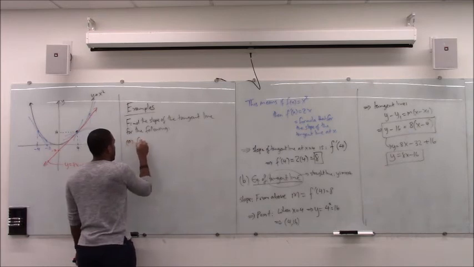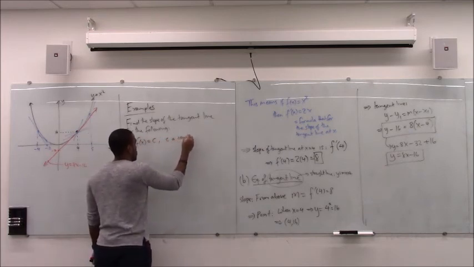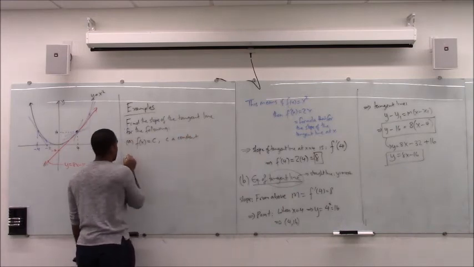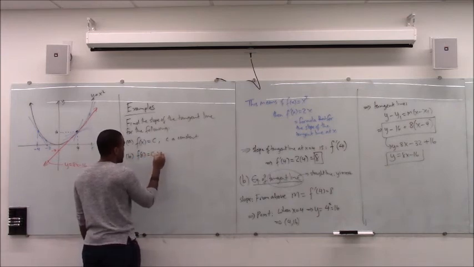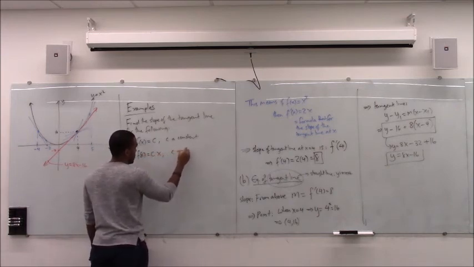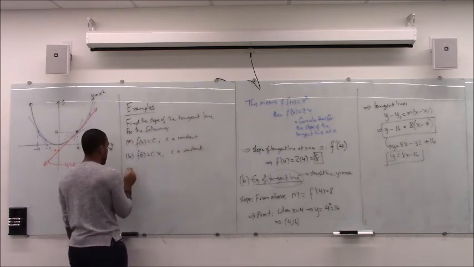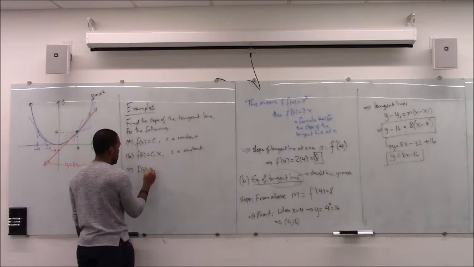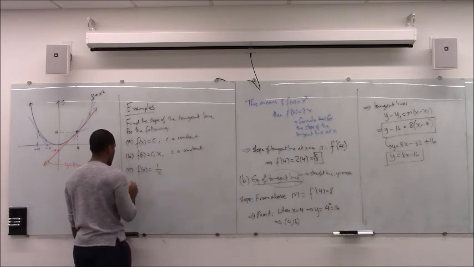Let's say my function is a constant. What would the slope of the tangent line be? Or give me a formula for the slope of the tangent line. Let's say my function is a constant times x. What would the slope of the tangent line be? Let's say my function is 1 over x. What would the slope of the tangent line be?